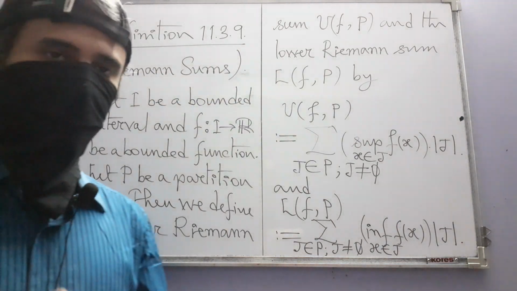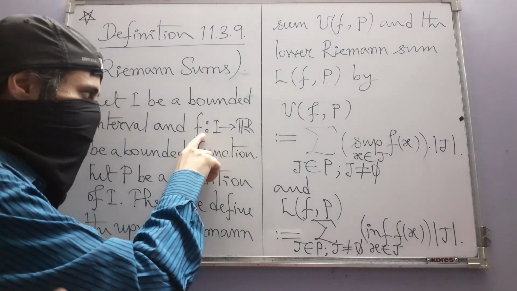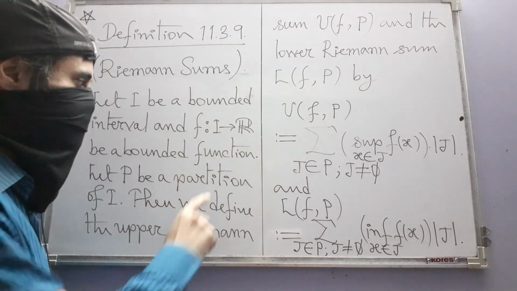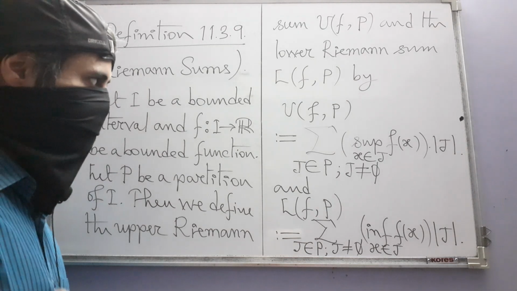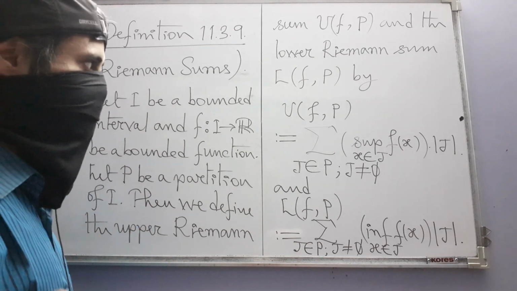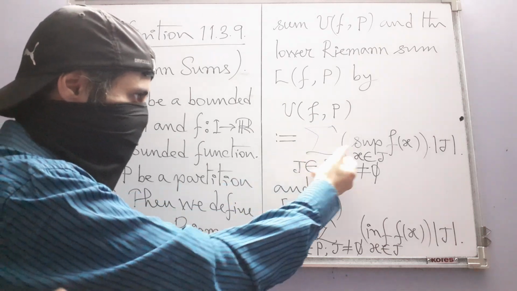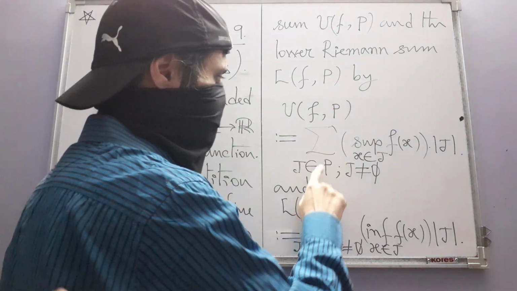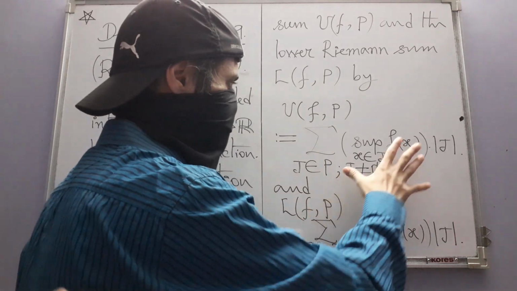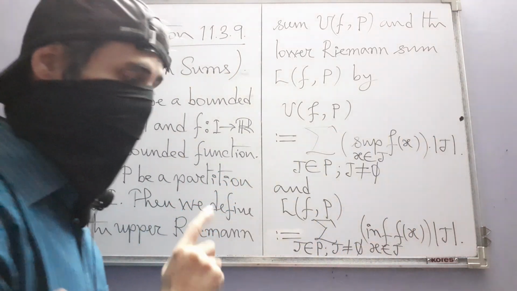So let us first see what these things are. You have a bounded function f on I and you have a partition P of I. F is of course real valued. Then the upper Riemann sum of f with respect to P is this sum. What do we have in this sum? In this sum, we have one term for each element j in P which is non-empty.